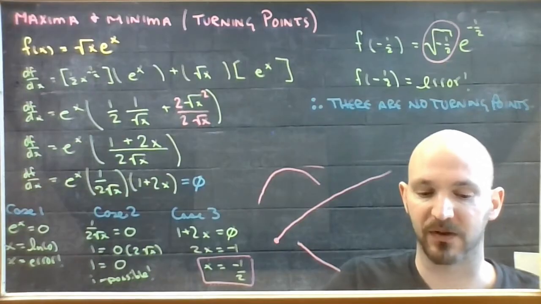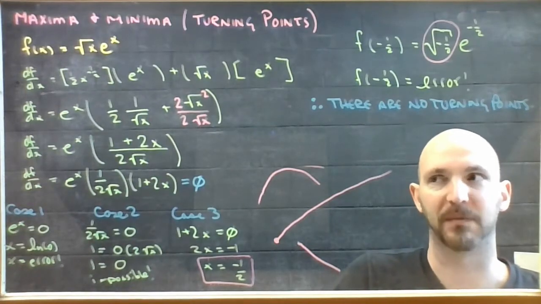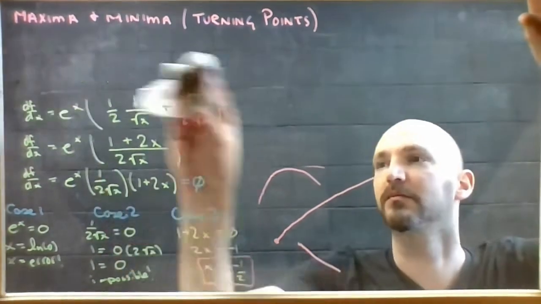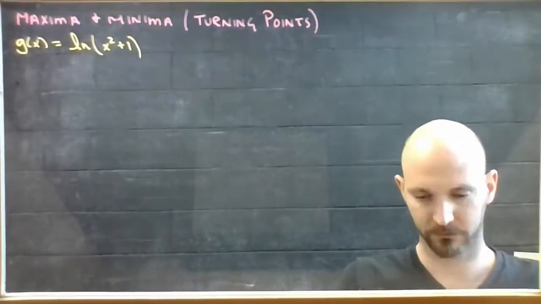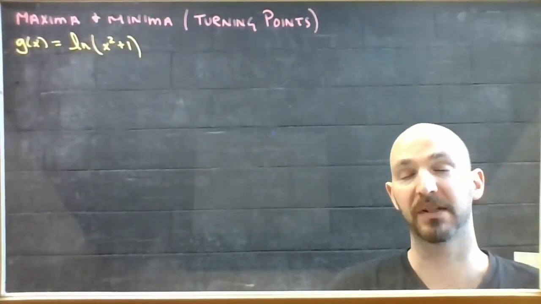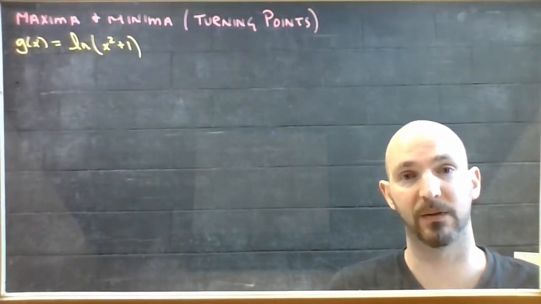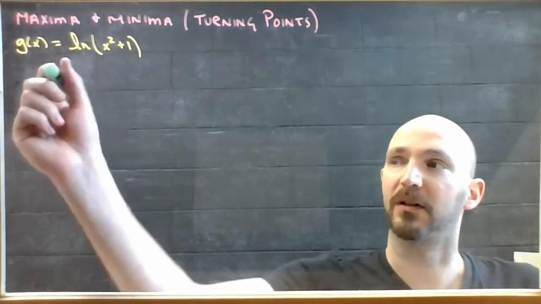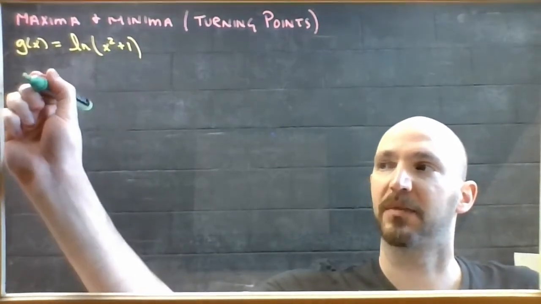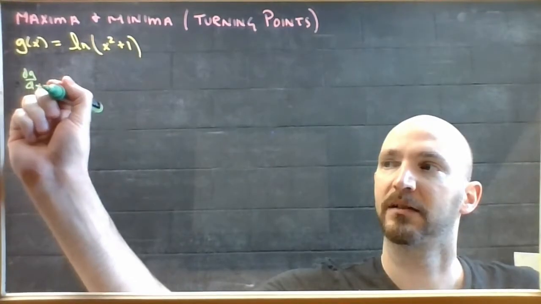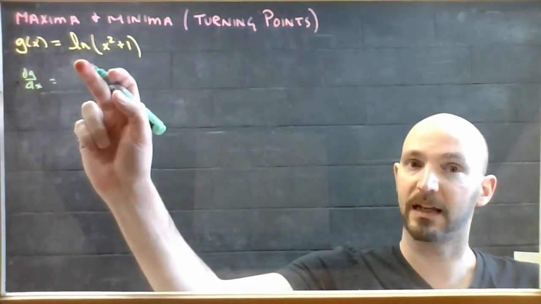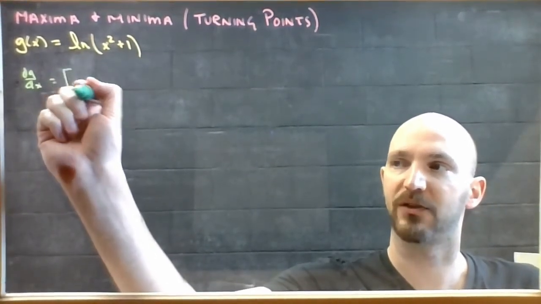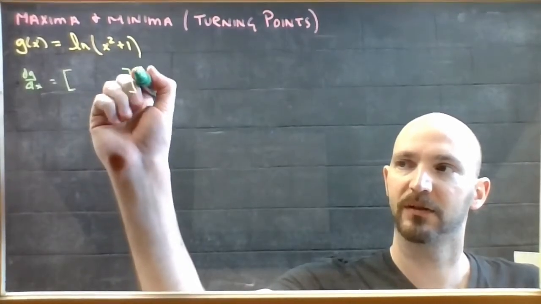I have one more for us to try, and hopefully we can find a max min on that one. So again, to get max min points, I have to take a derivative and set it equal to 0. So here we go, dg by dx. This is a function in a function, so I will need my chain rule infrastructure.